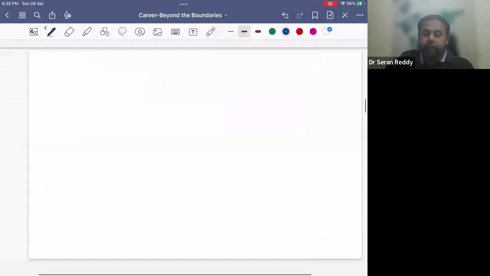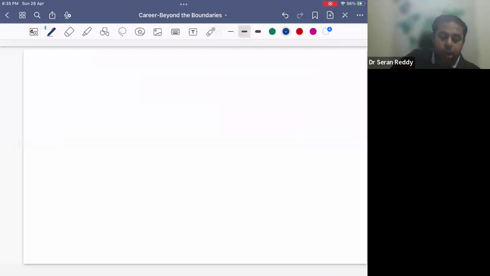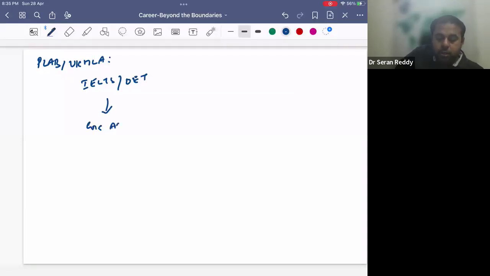So if you're preparing for the PLAB or UKMLA pathway, the sequence will be: first you complete your IELTS or OET examination, then create a GMC account. Once you create a GMC account, you have to book a slot for PLAB 1 or UKMLA 1.